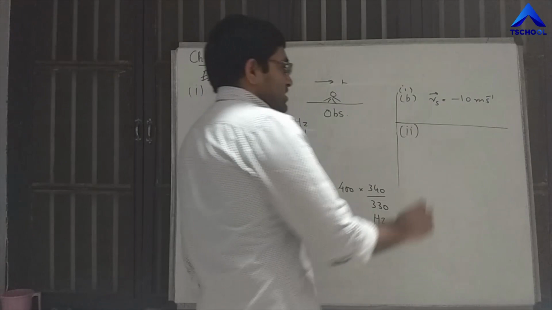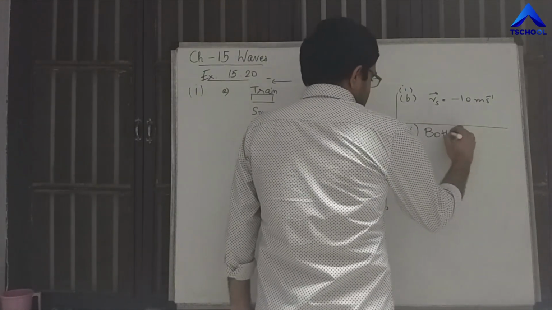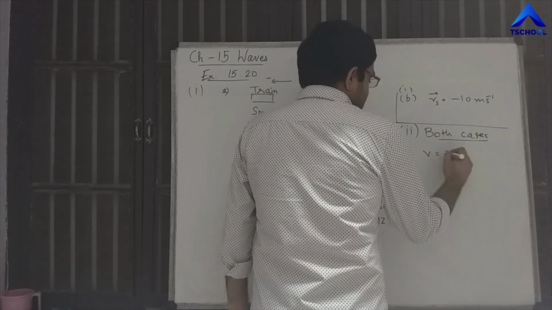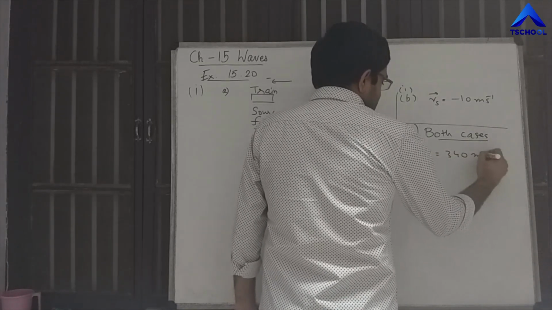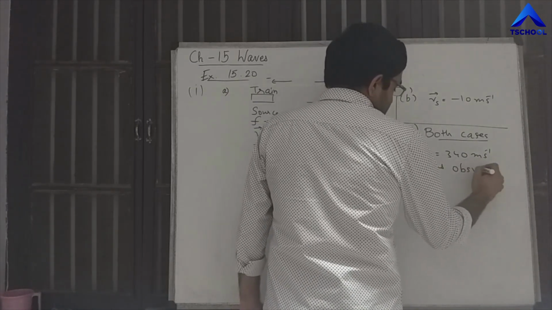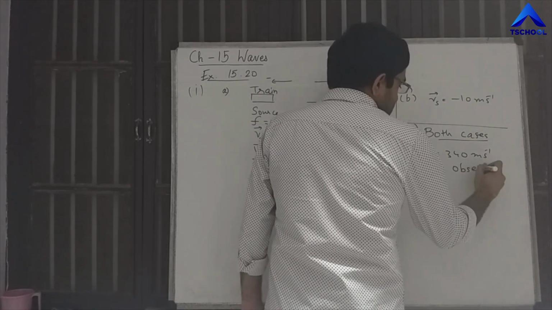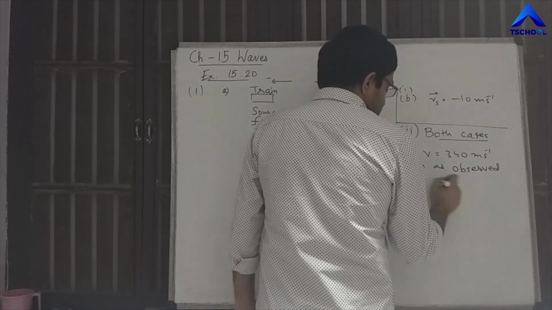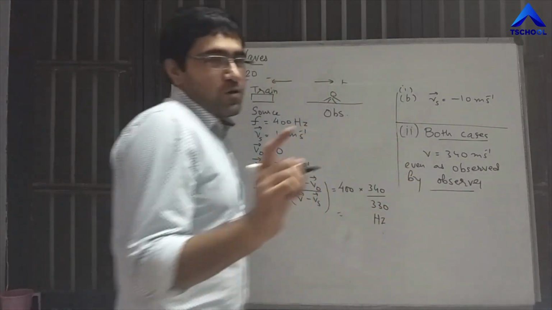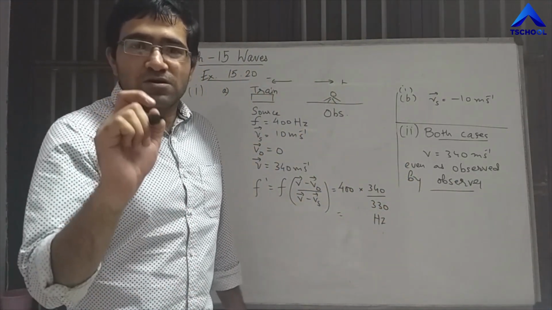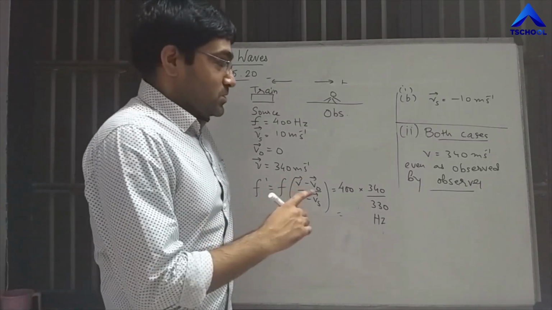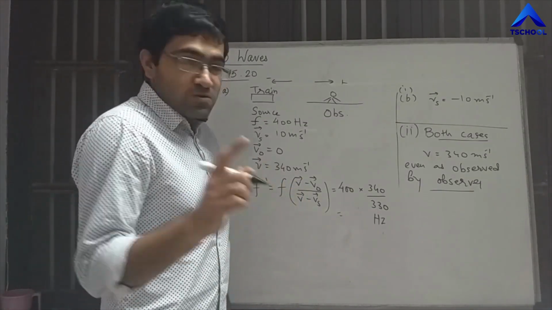So that's why for both cases, you have velocity of sound as 340 meter per second, even as observed by the observer, because the observer is stationary. Remember, if the observer was moving, the velocity of sound with respect to the observer would be changed, correct? Okay, so keep that in mind.